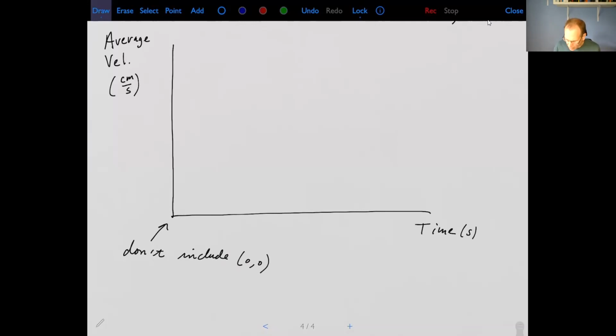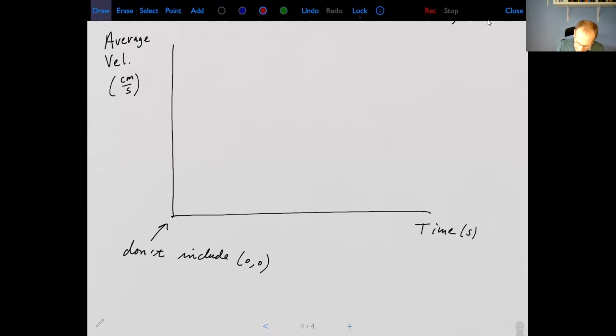Okay, well, we argued earlier that that last column, those average velocities, should pretty much be the same, right? Because I'm launching the cart the same way. It should be moving at a constant velocity. So the average velocity value should be pretty much the same. But the time we know is getting longer, right? Because the time interval is how long it takes the flag to pass through the photo gate.